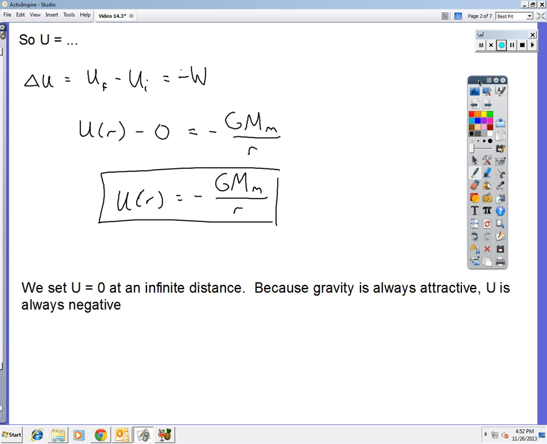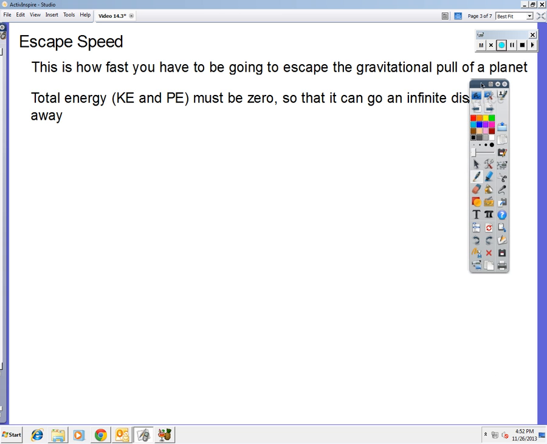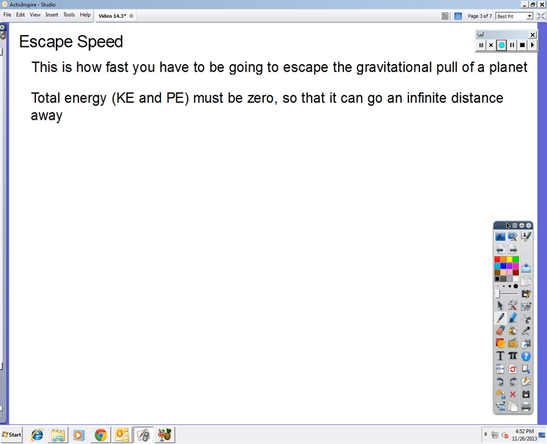So now let's see how that works. Actually, let's look at something called escape speed. Now the idea is that the closer you are to a planet, the more negative your gravitational energy is. And that means that in order to escape from a planet, you need to add energy to your satellite or your spaceship.